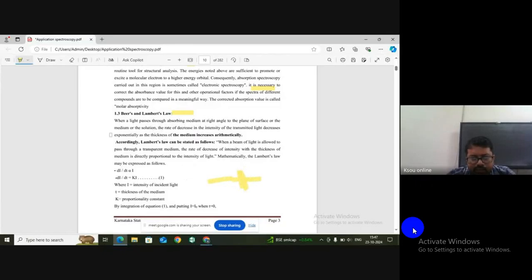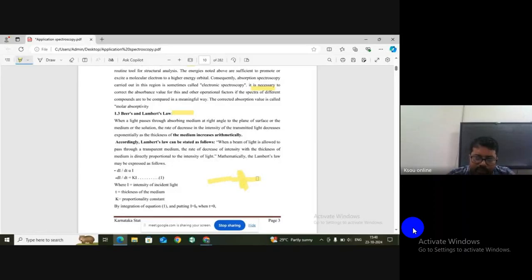when a light passes through an absorbing medium at right angle to the plane of the surface of the medium, or the solution, the intensity of the transmitted light definitely decreases, because the medium absorbs some of the incident radiation.